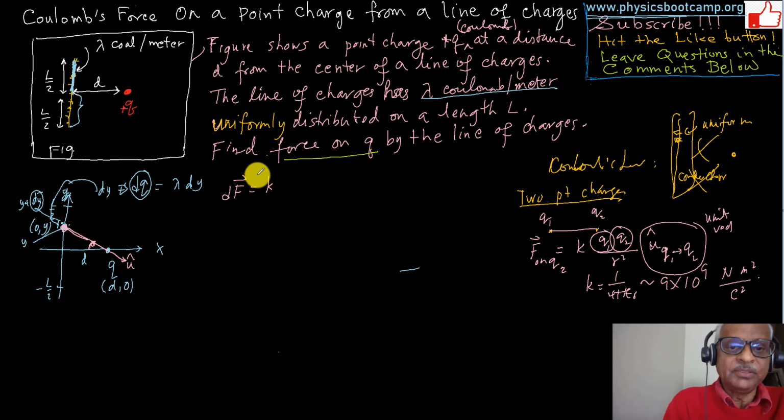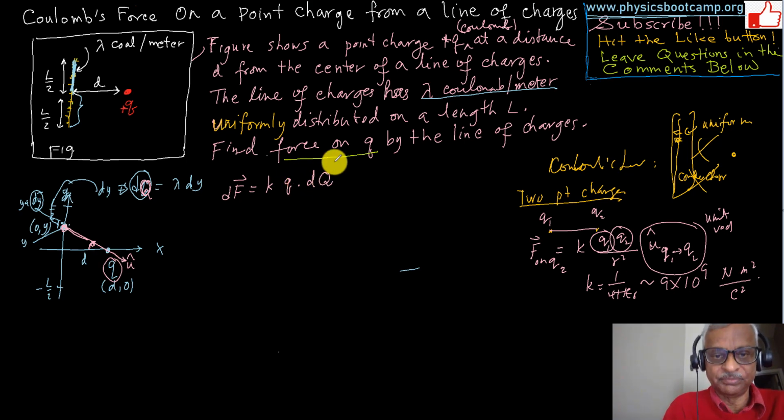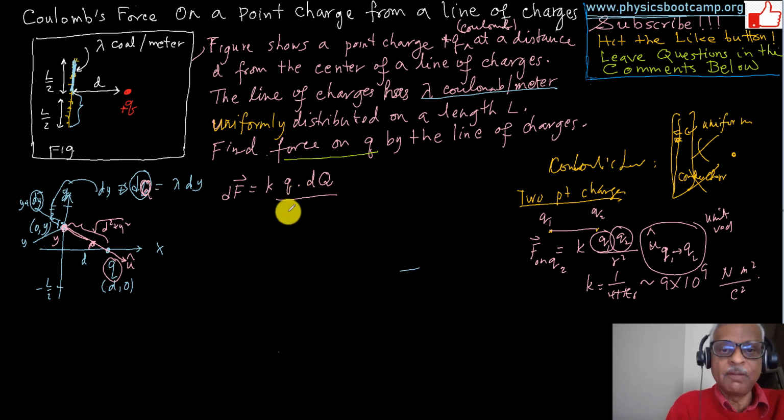Okay, so k, then you have, let's call this dq. Because we use the Q here, we don't want to get confused with the variable. So Q times dq, this is a different amount of charge. The distance between this and this, you can see if this is d and this is y, is the square root of d squared plus y squared. So squaring that gives me d squared plus y squared.